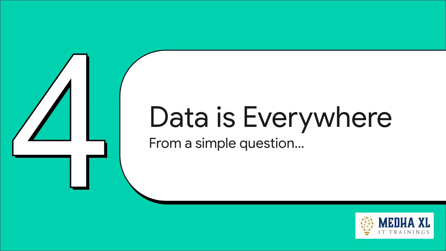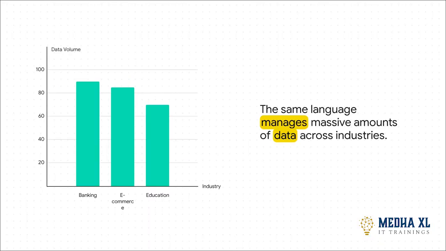All right, so asking for the time is cool, but it's a pretty small trick, right? Well, here's where it gets really powerful. That same simple language can handle absolutely massive amounts of information. And this really shows you the scale we're talking about. The simple command we just saw is the same tool used to manage these huge industries.